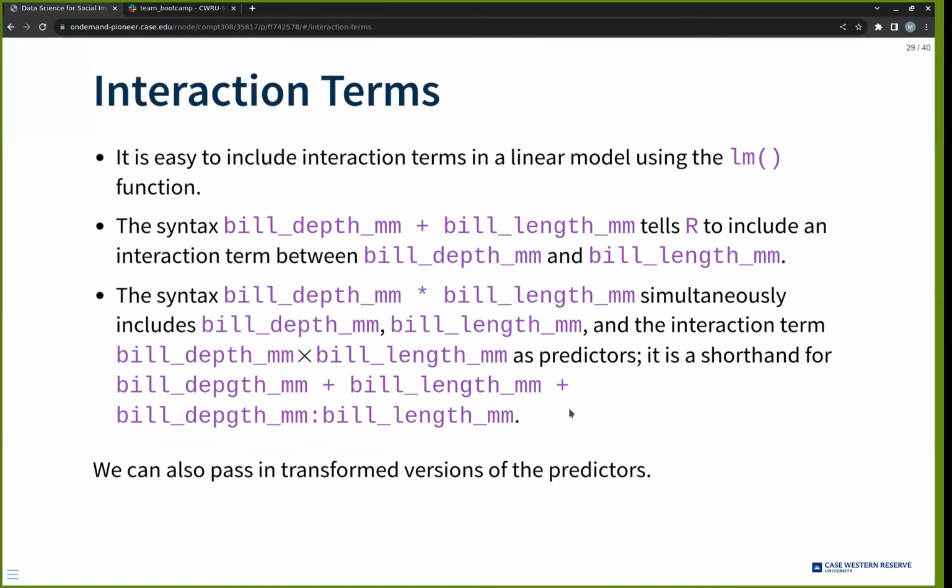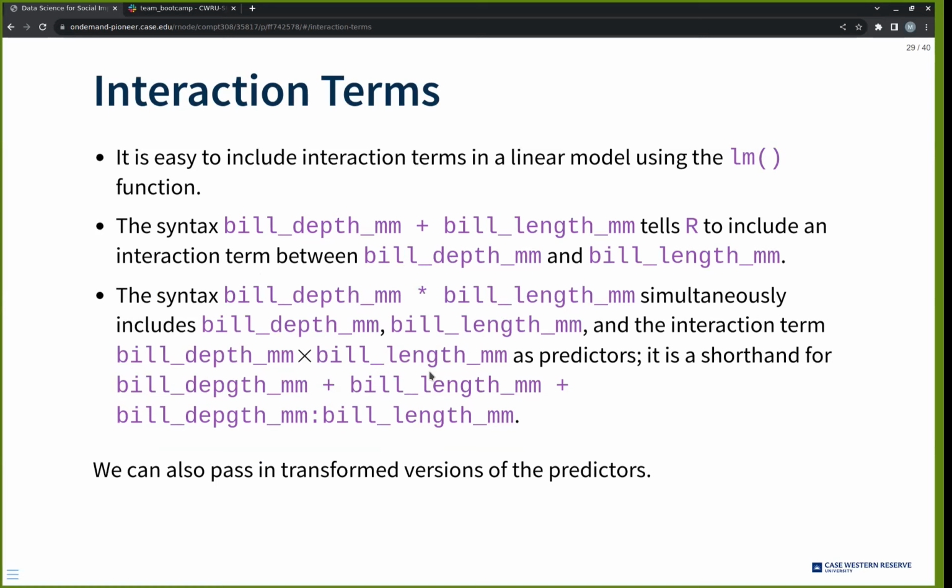Now there is something called interaction terms. If you use bill depth plus bill length, it will include both as separate predictors. But if you use bill depth asterisk bill length, it includes bill depth, bill length, and their interaction as predictors.